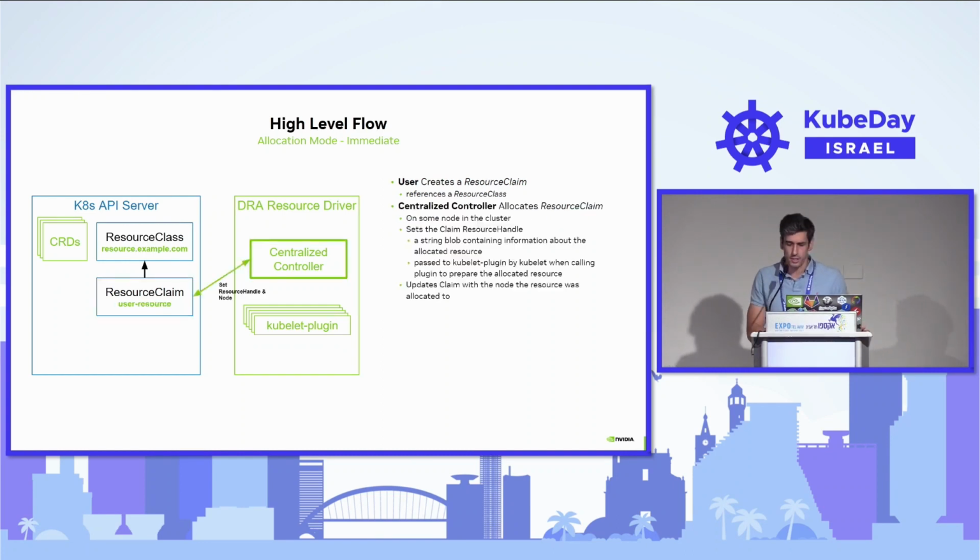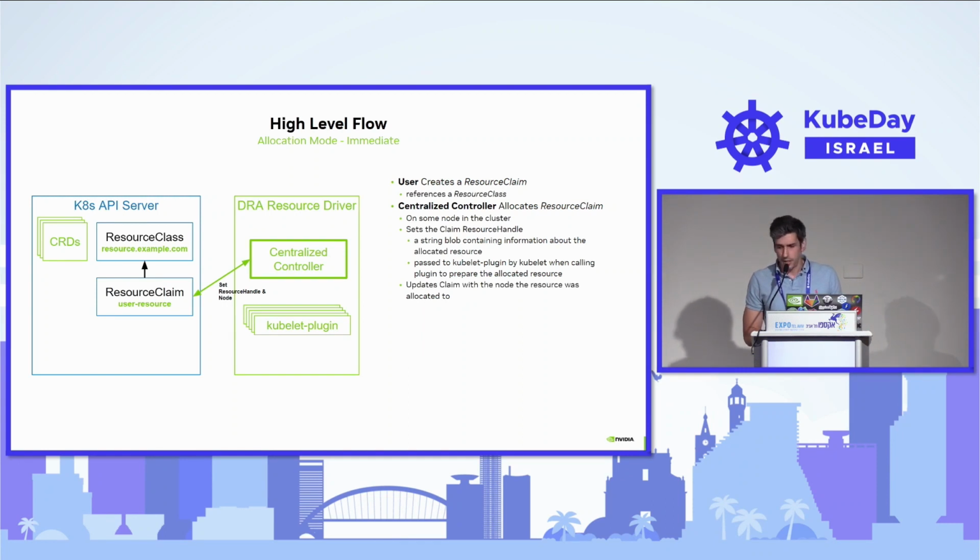At that point, the centralized controller picks that up and proceeds with allocation of this resource. It will allocate it on some node in the cluster. Once it's allocated, it will update the resource claim status with the resource handle. This contains a string blob, which is passed through the system by the kubelet plugin to the DRA driver again.